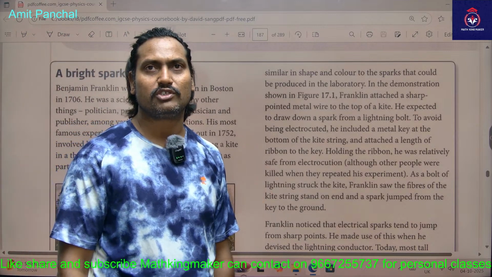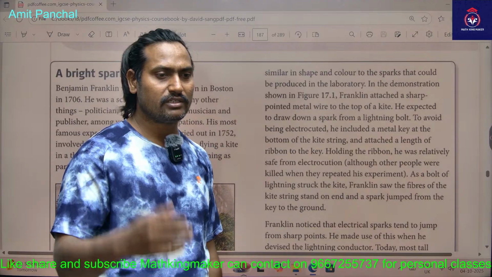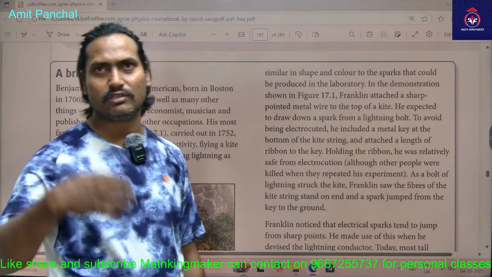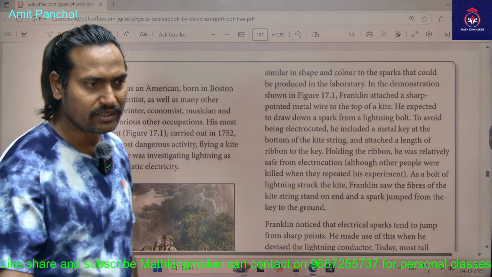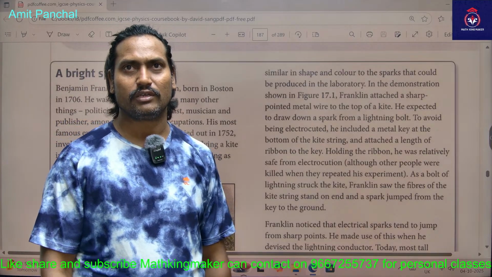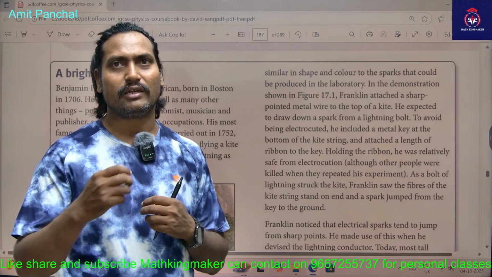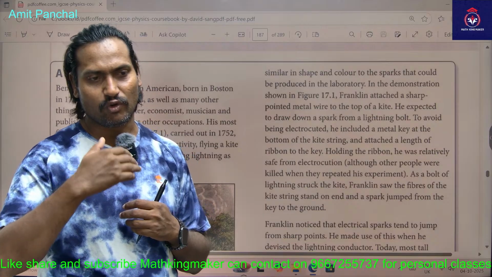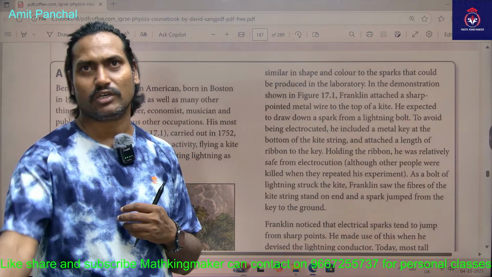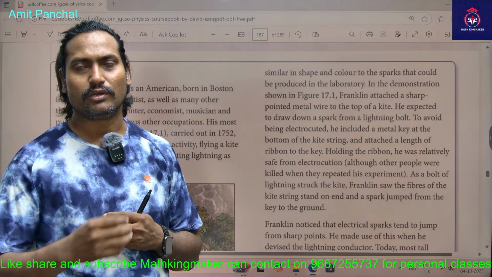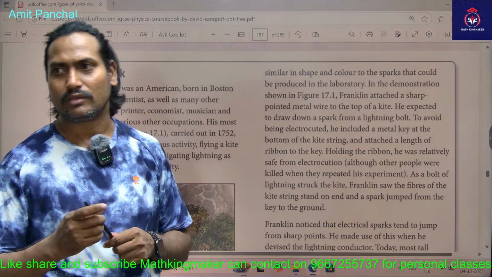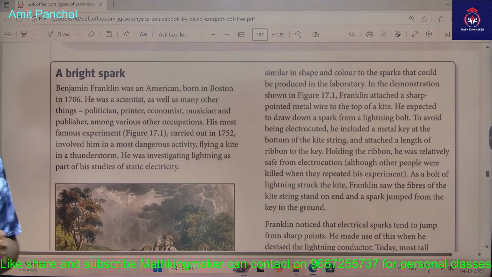Whenever there is a path, that charge will discharge. If you are charging, then by flowing current you will be discharged. Static electricity is charging and discharging basically.